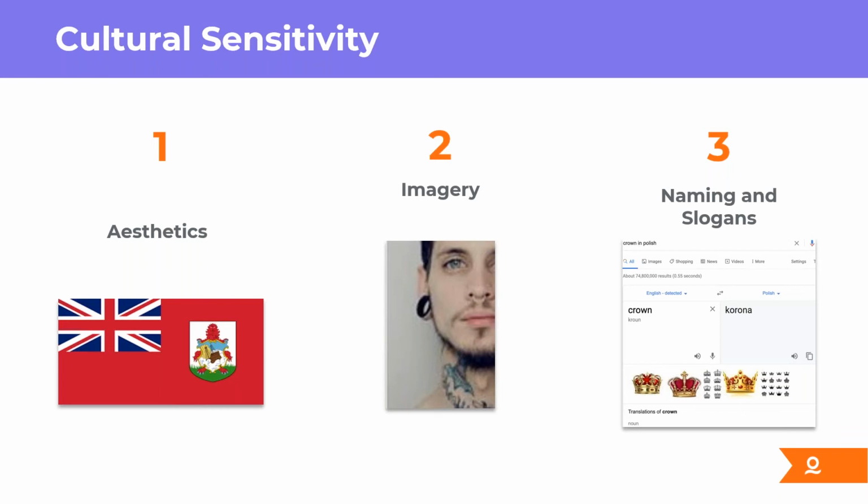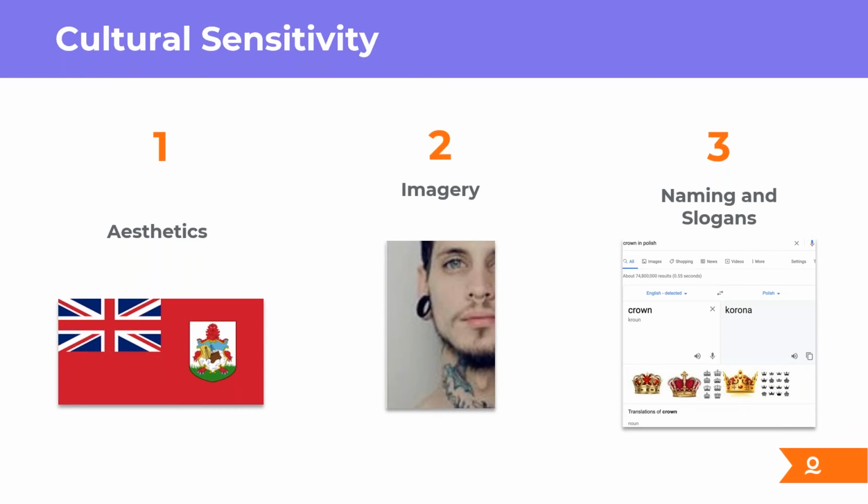Another example, the final one here, is around naming and slogans. Working with one of the leading music streaming companies, they were looking to run a campaign recently around the concept of who wears the crown. So there were lots of regal associations.